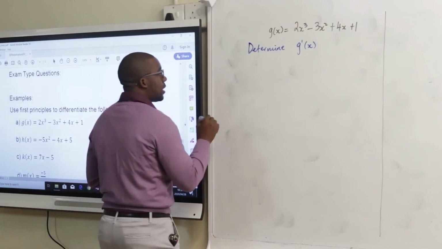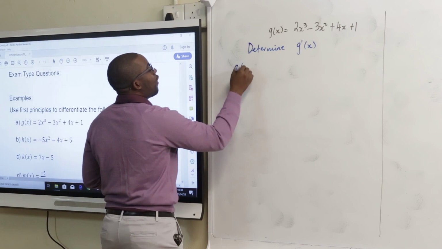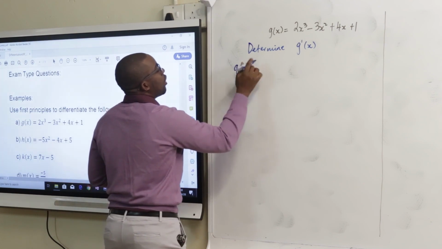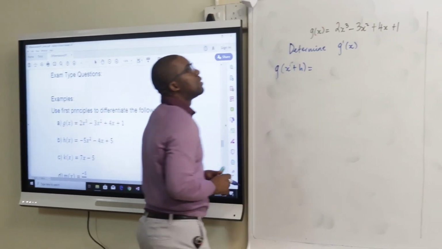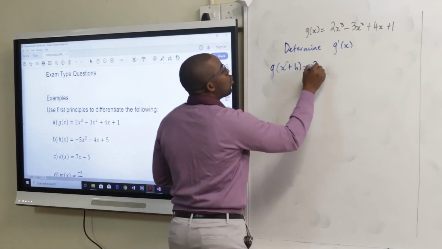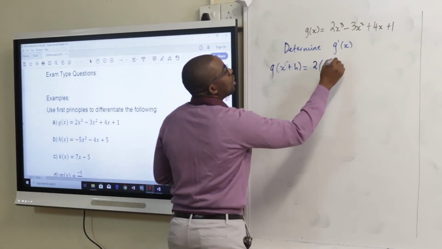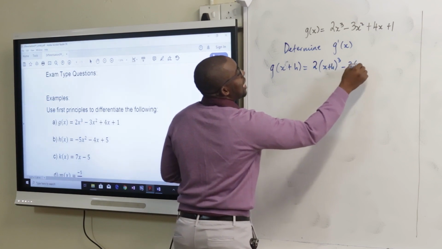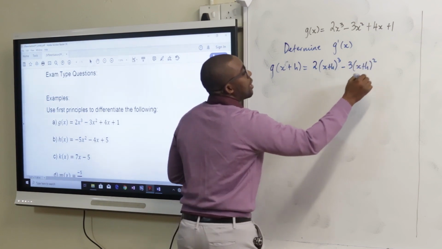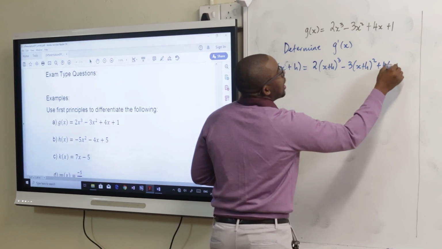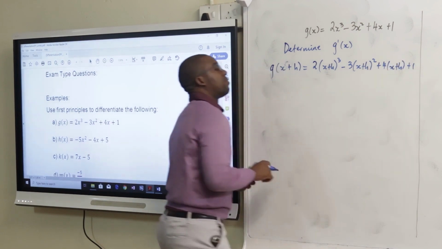So, step number 1, you have to determine g of x plus h. You are going to say 2(x plus h) cubed minus 3(x plus h) squared plus 4 times (x plus h) plus 1.